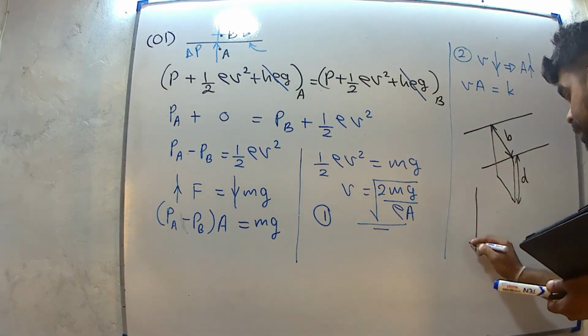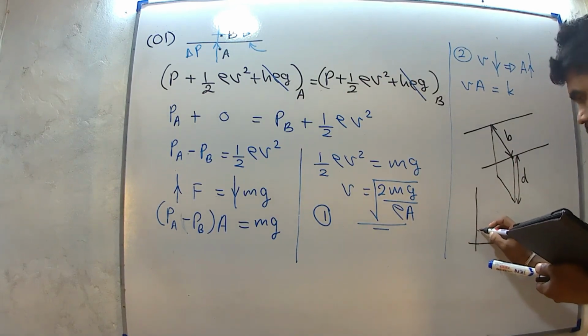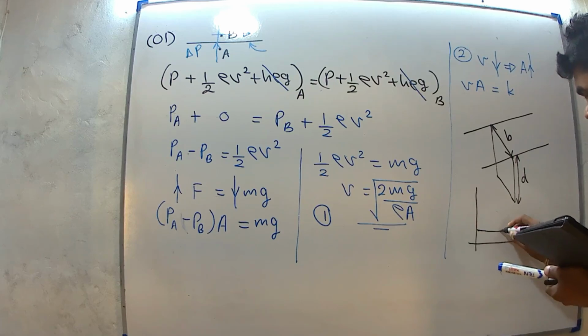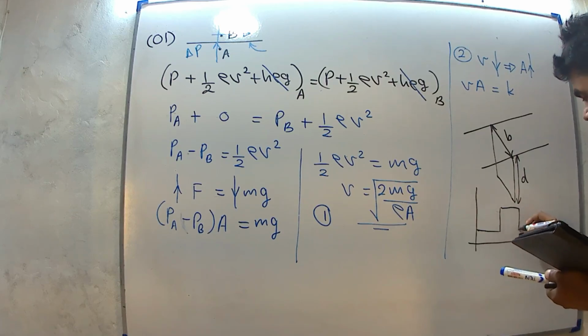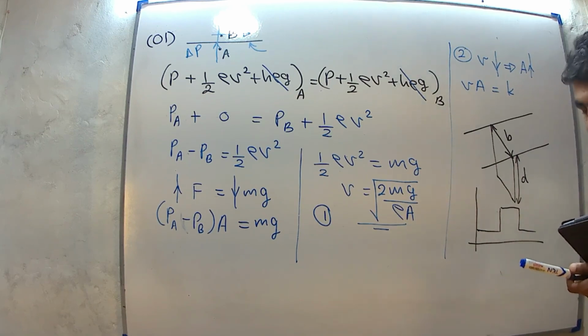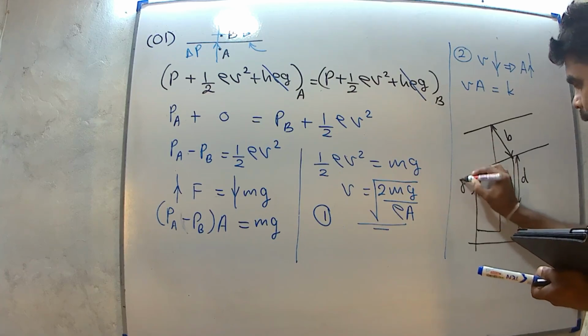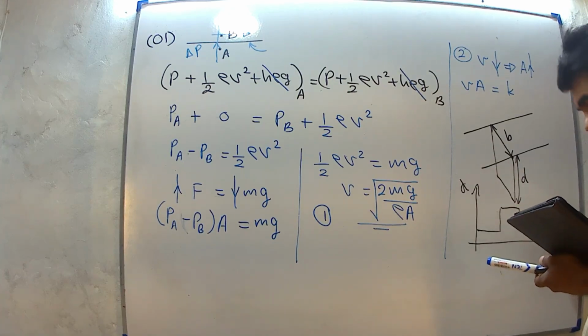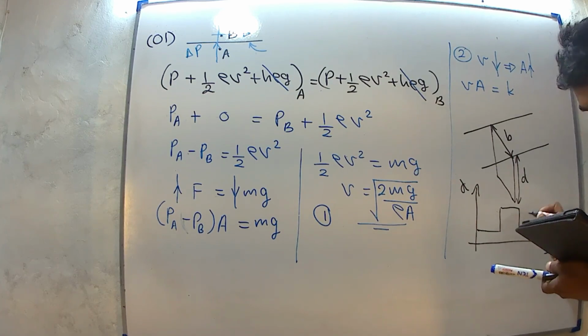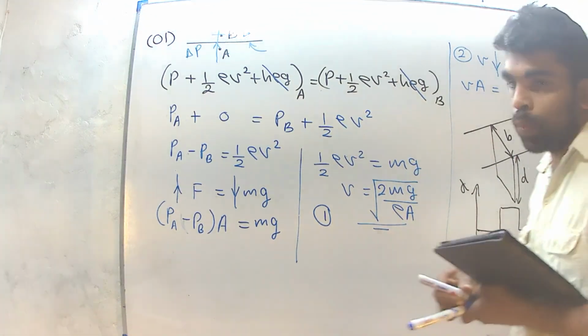Then depth should be increased for that region, and there is a constant depth for other regions. Depth with distance. Then this one is the correct answer for question number 2.